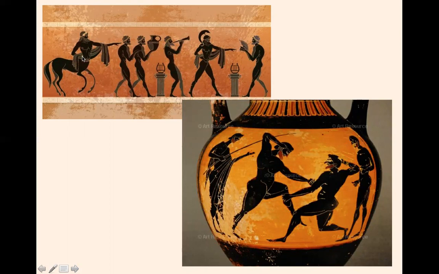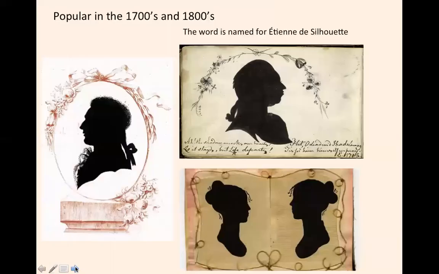They weren't completely black outlines and black shapes against a light background. But this is really kind of the first examples of silhouettes in art.